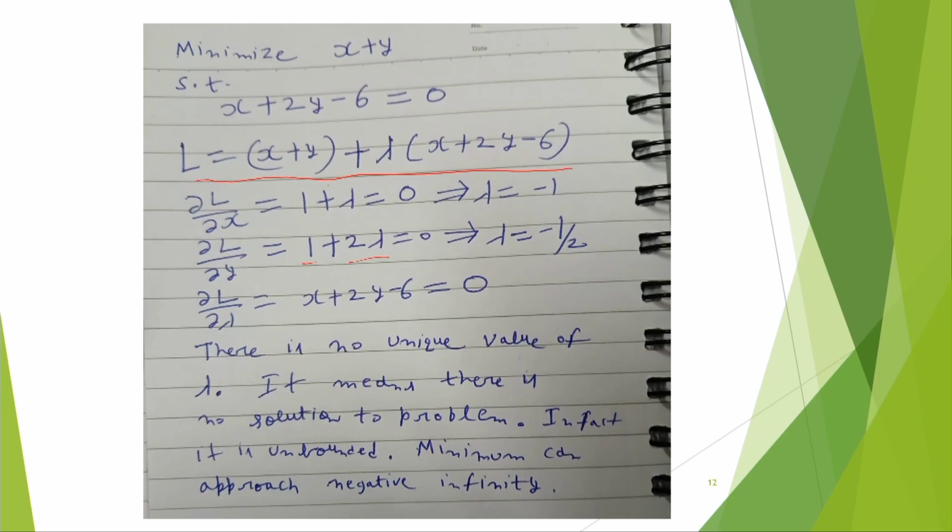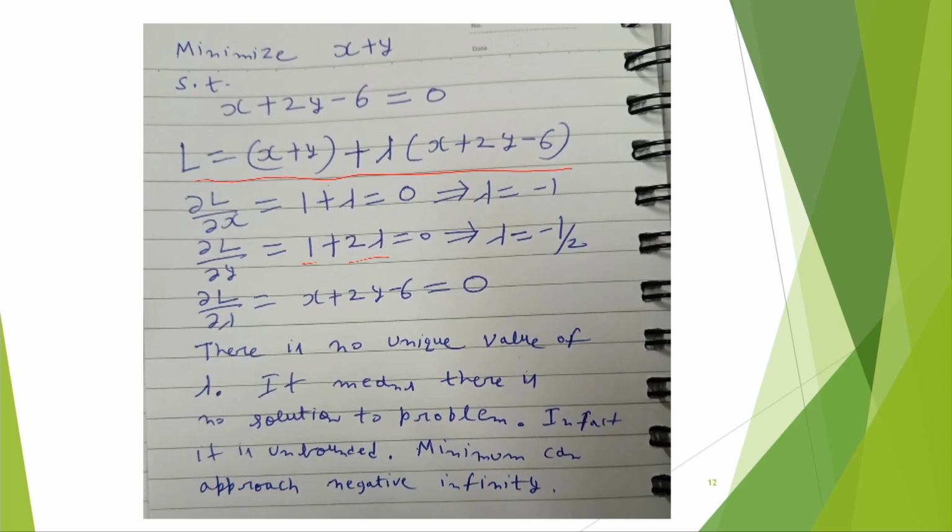I am just solving it for fun, but we can see that if I want to minimize, the minimization can approach negative infinity, because I can take even x equal to minus infinity and adjust y so that the constraint is satisfied.